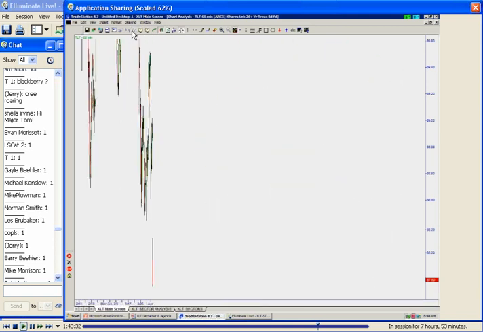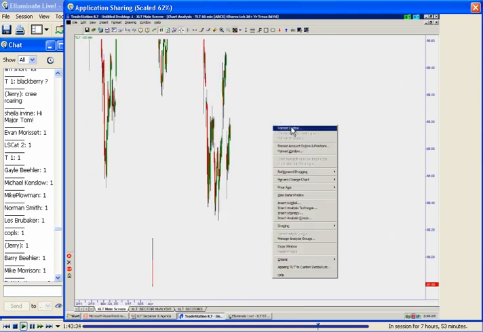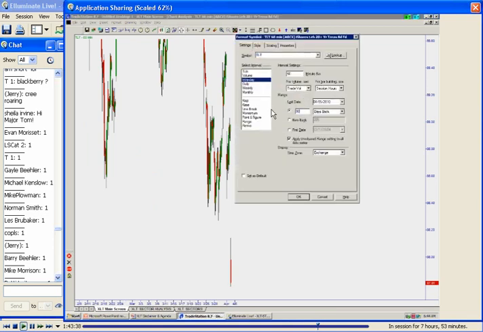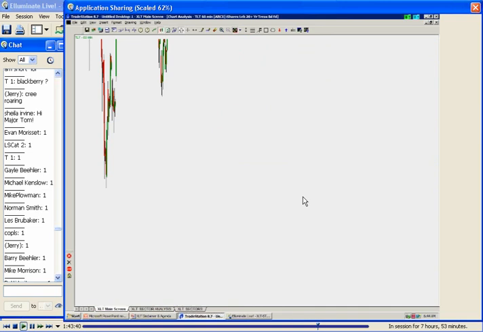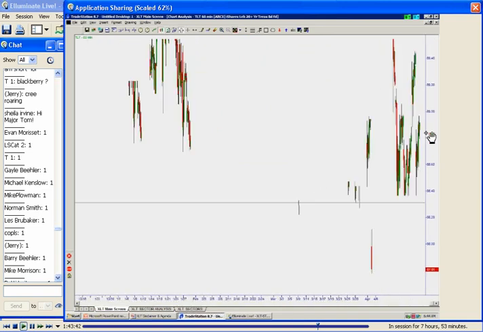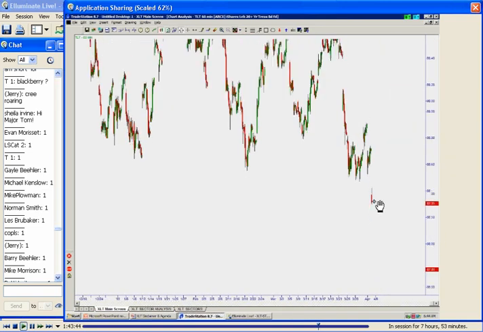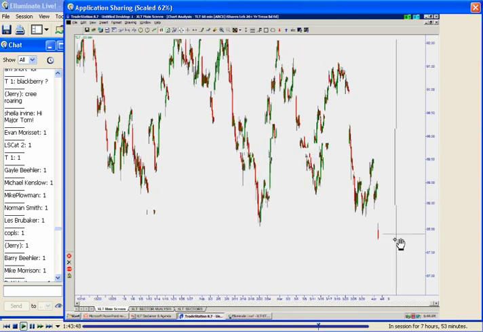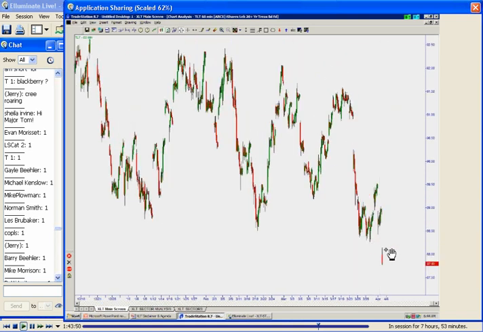So if we can get this in a nice demand zone, I've got to go back a bigger time frame here to find that. Okay, nice big strong drop. Look at that big drop off right there. So you can see there's a nice little breakdown from that support right there.